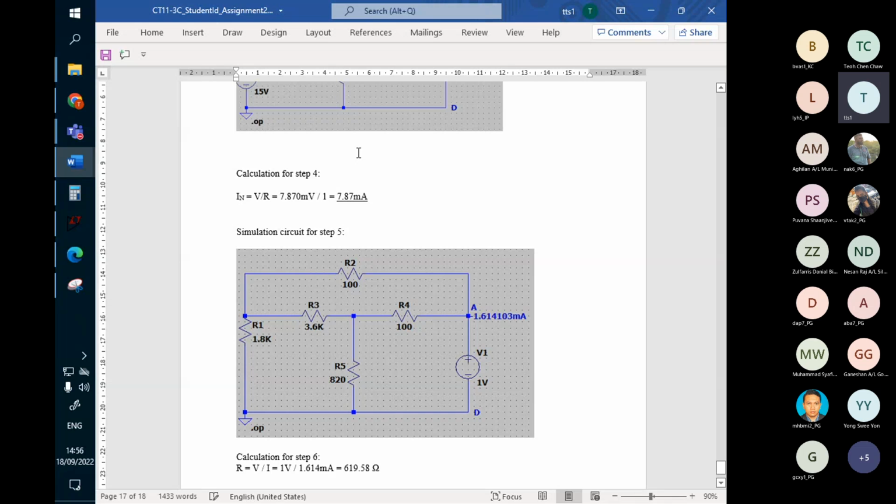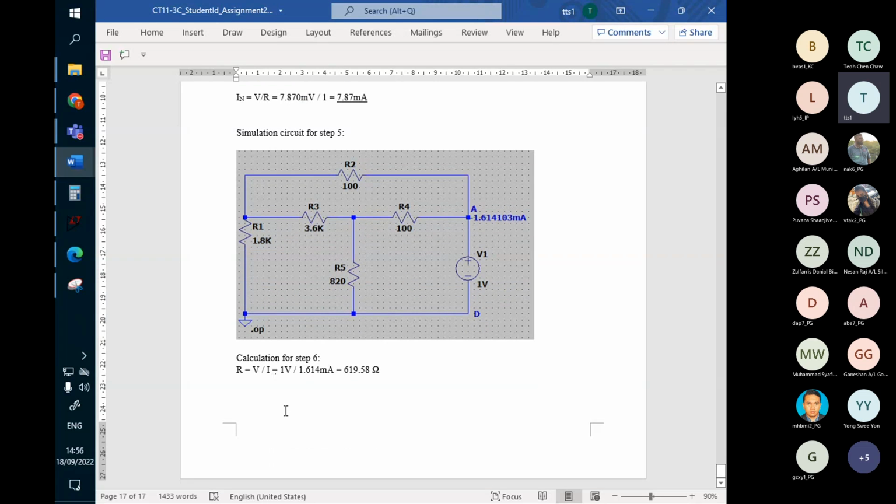This is step number 8. This is called the simulation.